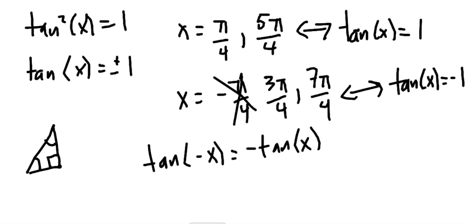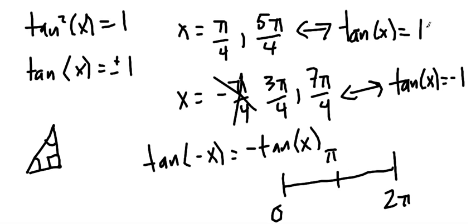You can check everything else in this interval, but between 0 and 2 pi, the only places where you will end up with tangent equal to 1 or negative 1 is going to be any place where you have a fraction with an odd number times pi over 4 in lowest terms. And these are the only ones between 0 and 2 pi.